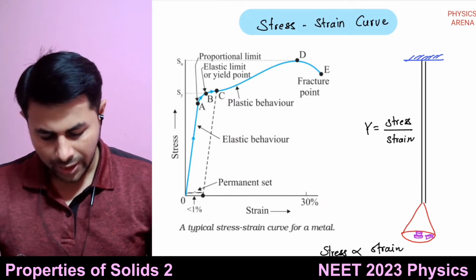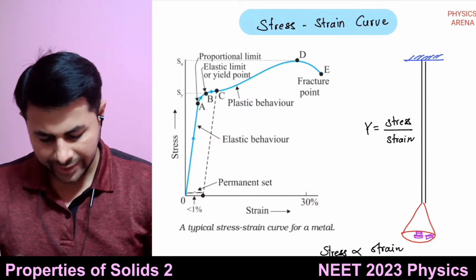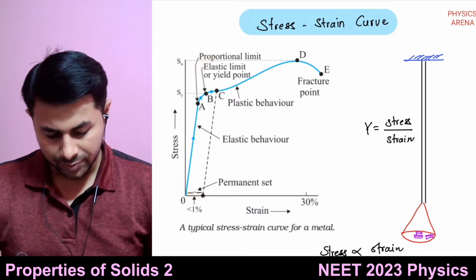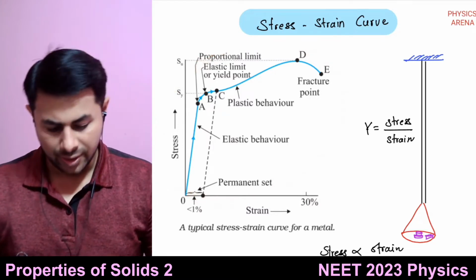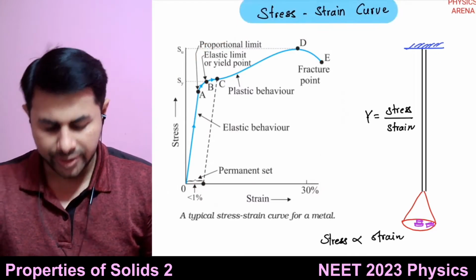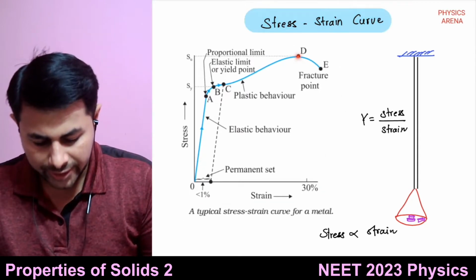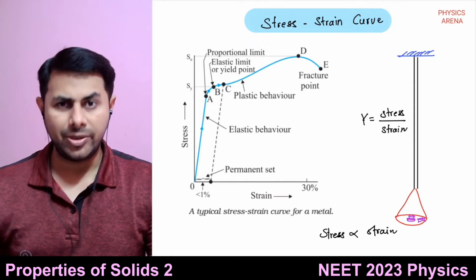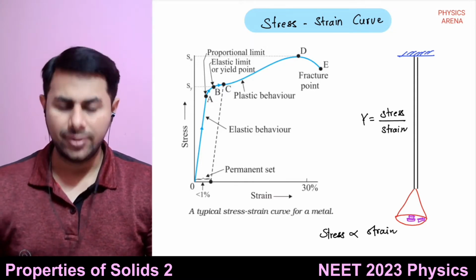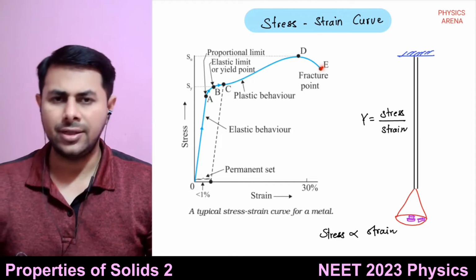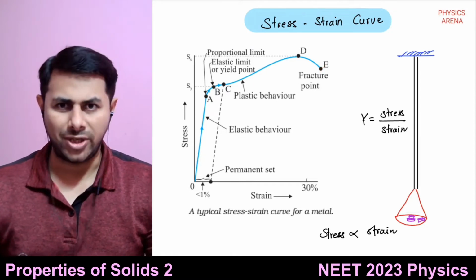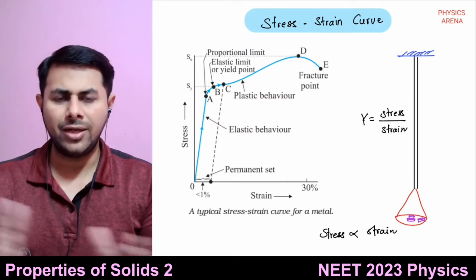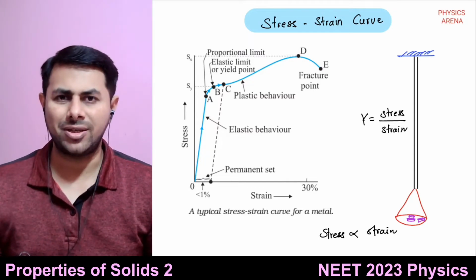Now we can gain some information from the stress versus strain curve of a material. So what kind of information do we get? Think about these two points. Point D is the point corresponding to maximum tensile strength which can be borne by a wire or a material, and point E is the fracture point or breaking point. If these two points are very close, what can we say about the material?